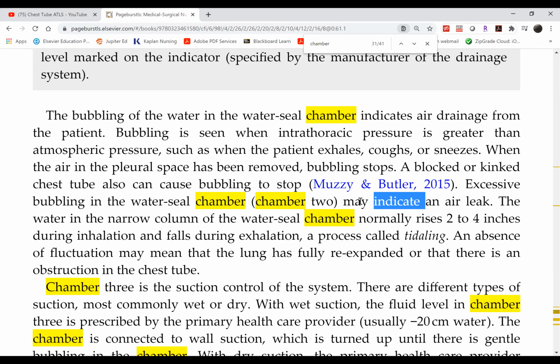How we seal it is to wrap a sterile petroleum gauze around it. It's sterile and comes in a foil wrapper. The gauze is obviously wet because it's soaked in petroleum jelly.